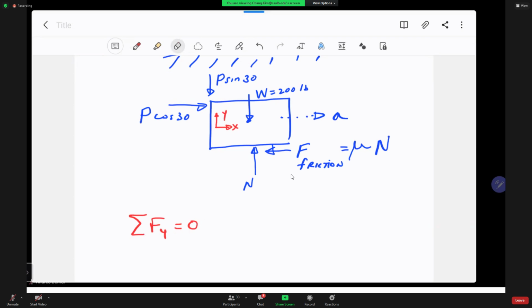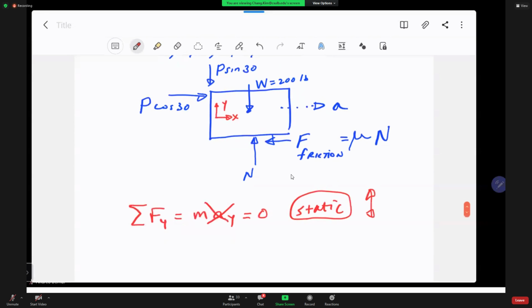We say that the force is MA, so I'm going to look at the y direction movements also. However, this problem is designed for the block to move in the x direction only, not the y direction. So there is no up and down motion for the block. Therefore, this is 0. So this is a static problem. The up and down motion is static. It's not going to go anywhere.